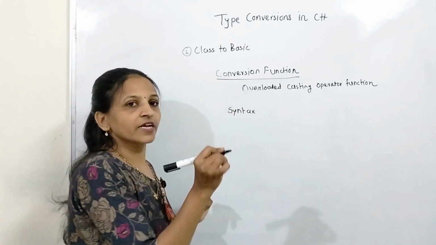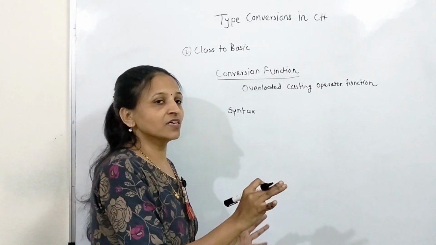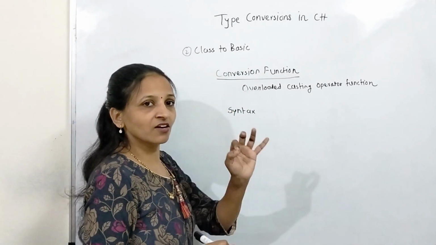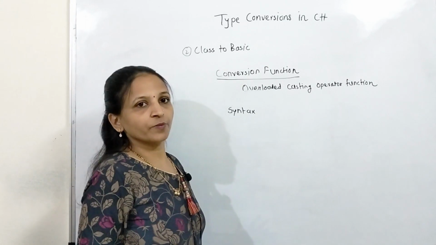Here we have to write the operator keyword, just like an operator function, but there is no return type for this conversion function, always keep that in mind. Again, this does not take any argument.